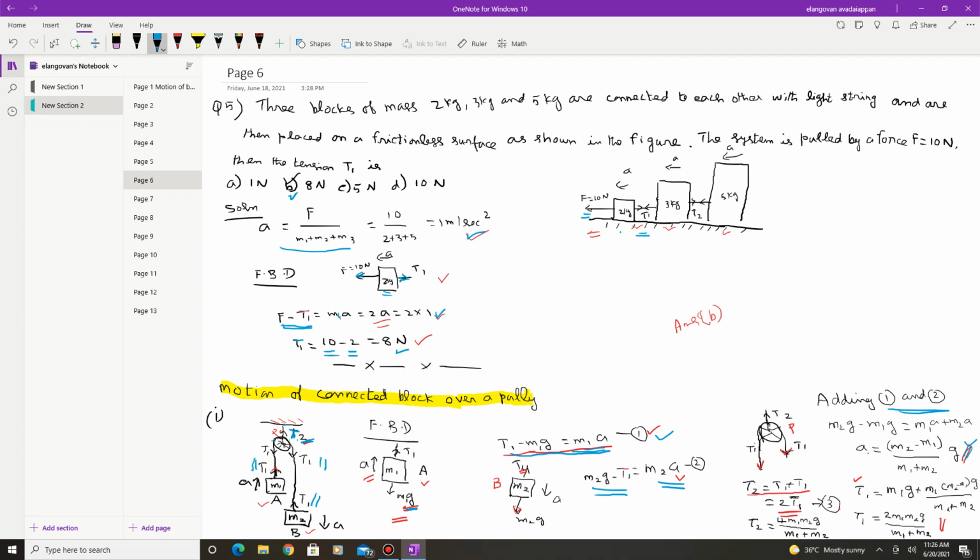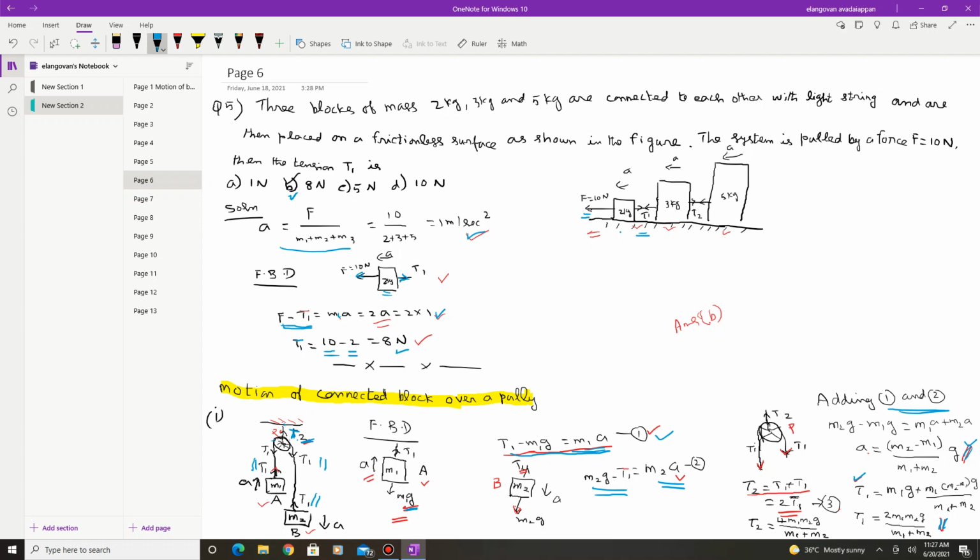Now if we substitute the value of a in equation 1, you can get T1, and T1 is equal to 2M1M2g divided by (M1 plus M2). So T1 can be calculated.